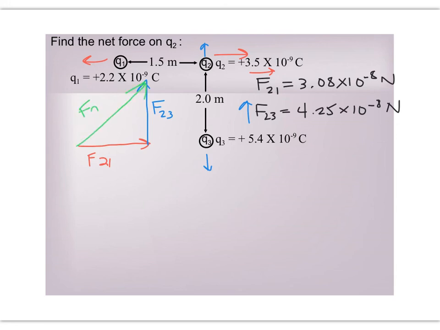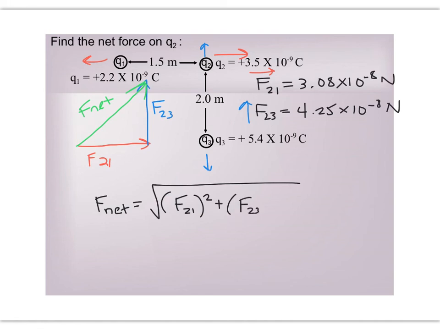And remember, to find the net force, we have to use the Pythagorean theorem. So I'll take the square root of F21 squared plus F23 squared: 3.08 times 10 to the negative 8th squared plus 4.25 times 10 to the negative 8th squared. And I end up getting 5.25 times 10 to the negative 8.